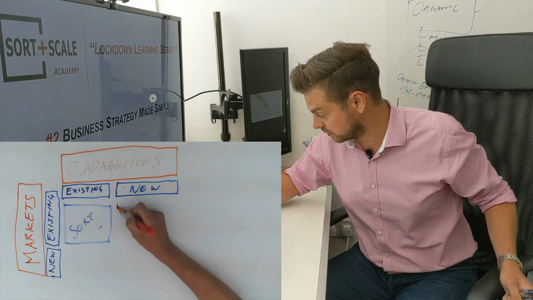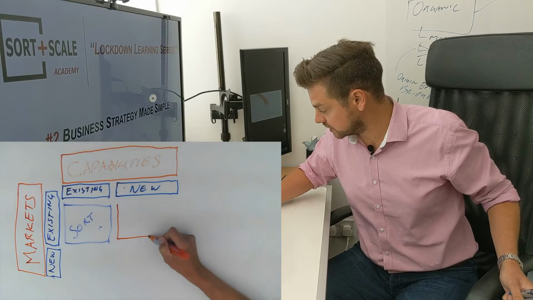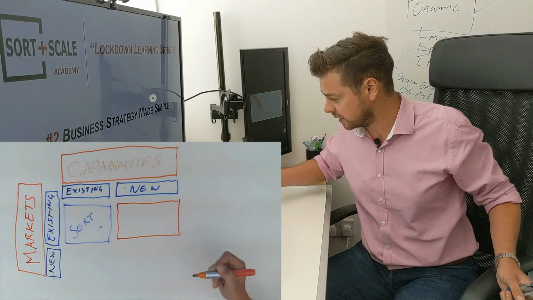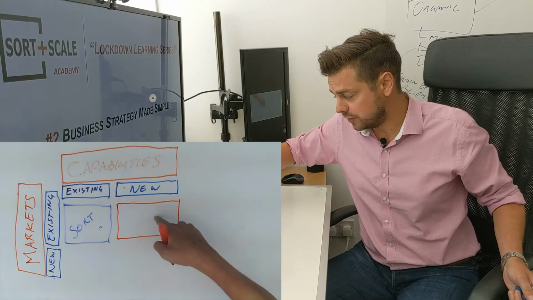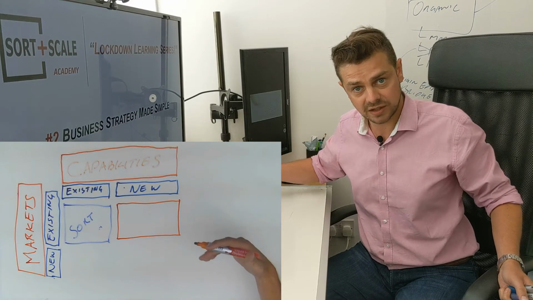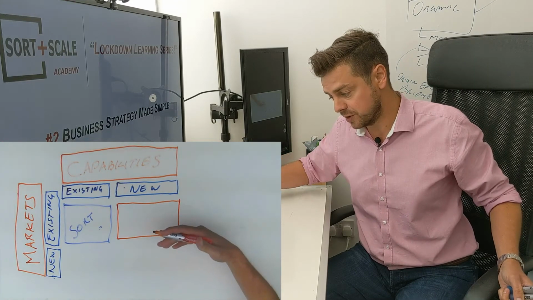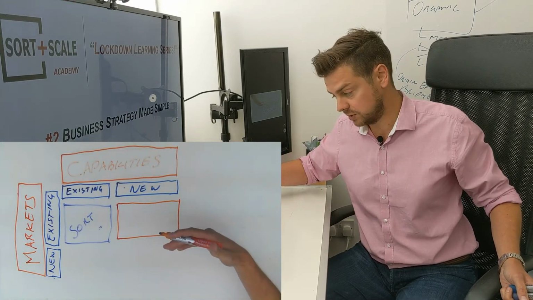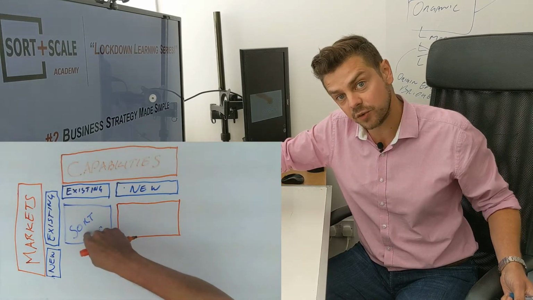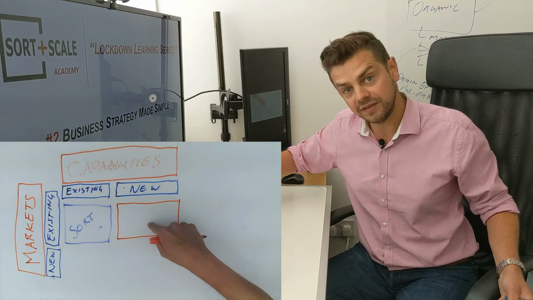You're probably going to think, we know these customers really well, and we can think of some new things that we could do for them that solve a problem. It's a new area of business for us, we've not done it before, but we do know the customers very well. And that means not only are they buying the stuff that they're already buying from us, but they're buying this as well.